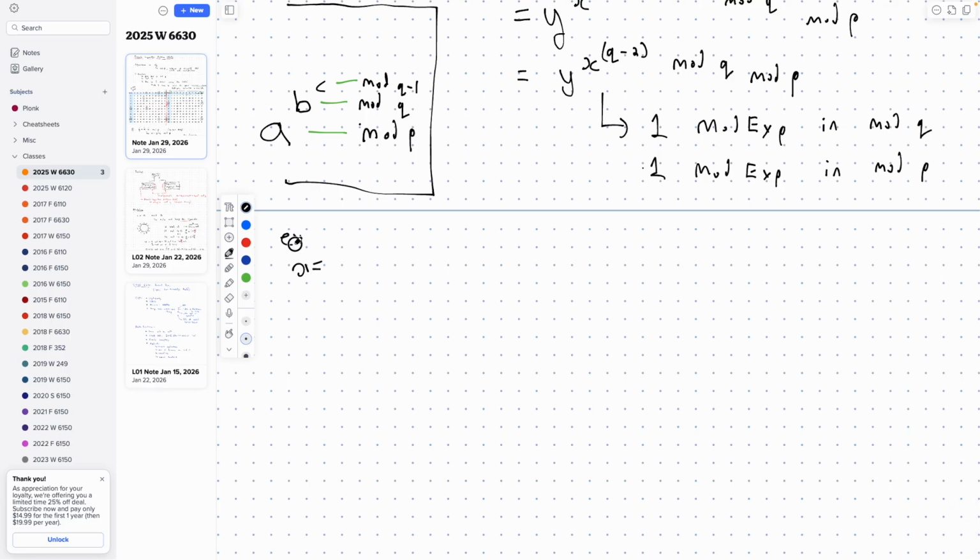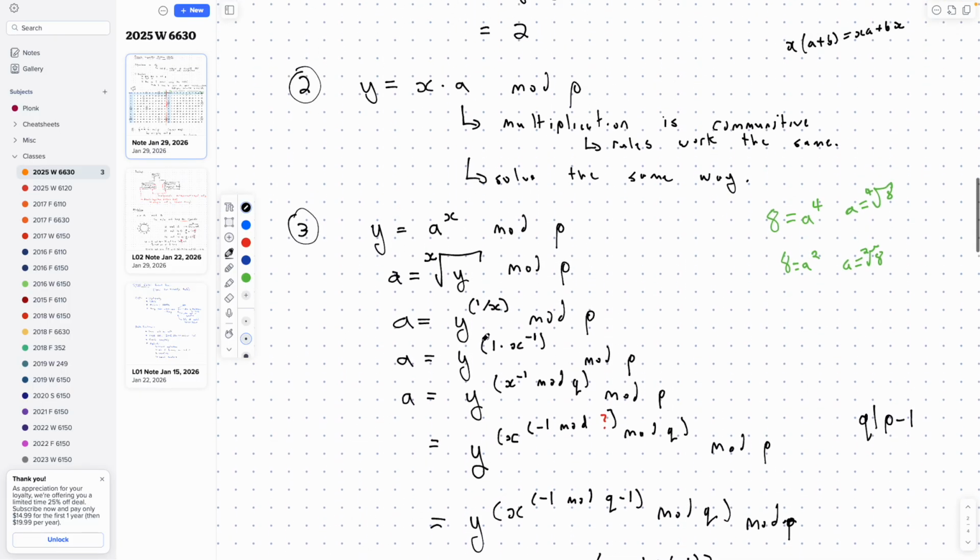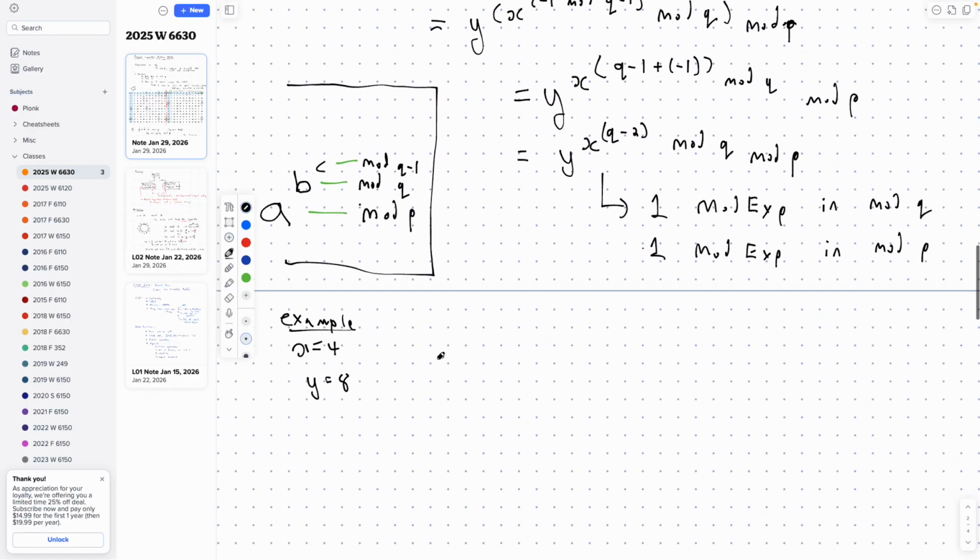All right, so example, x equals 4, y equals 8. y equals a to the x mod p.